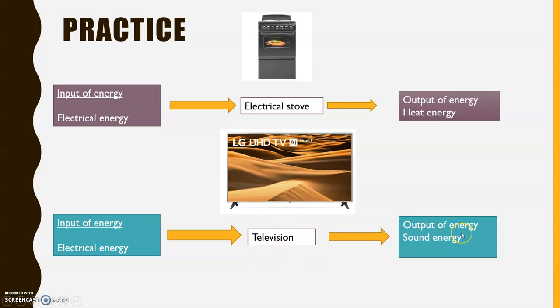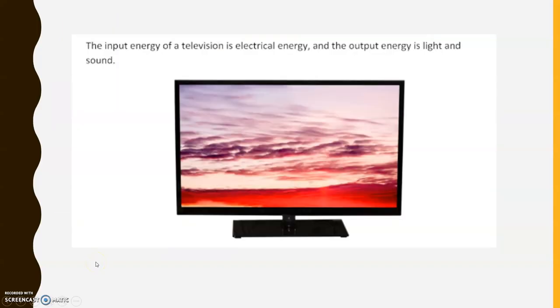And for the output of energy, you have to say that it is sound energy. However, this also gives us light energy. The input energy of a television is electrical energy, and the output energy is light and sound.